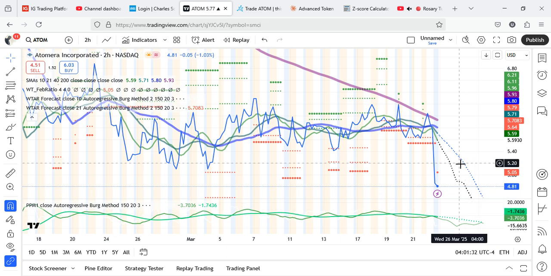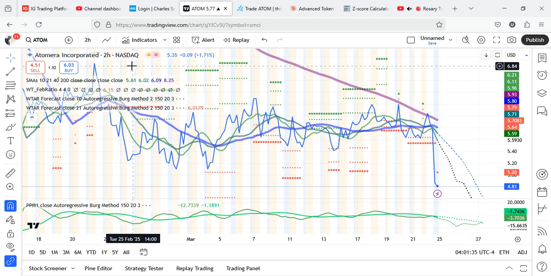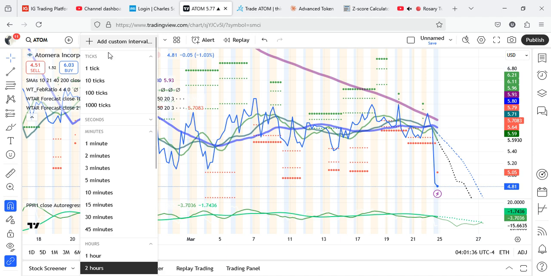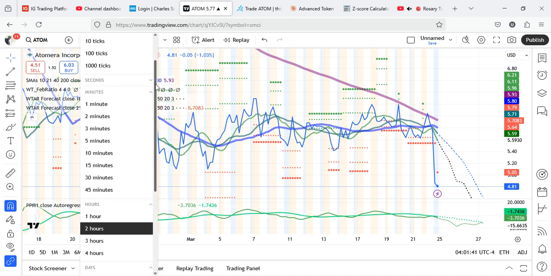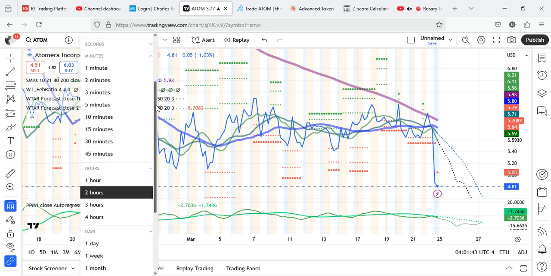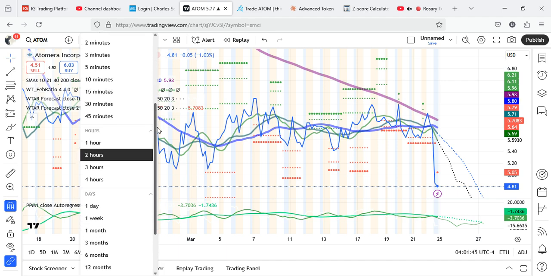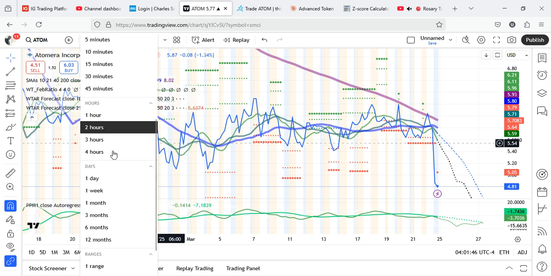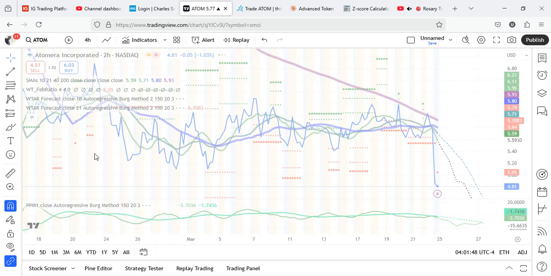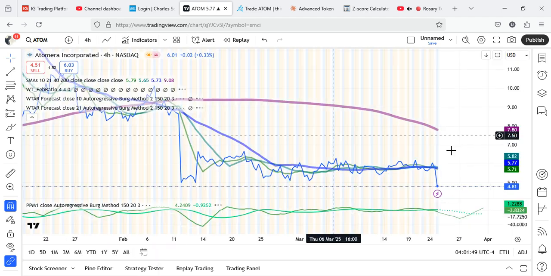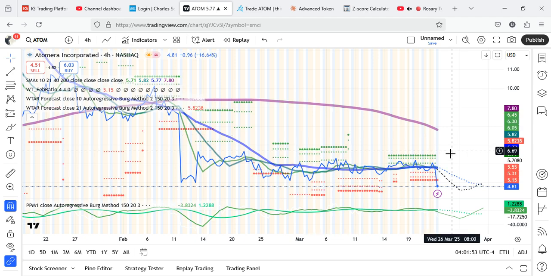It's projecting weakness and more weakness for the next 24 hours. For the next 40 hours, weakness is projected. On the 4-hour chart, weakness is projected, but strength is expected to come back by Monday the 30th, the 31st of March.